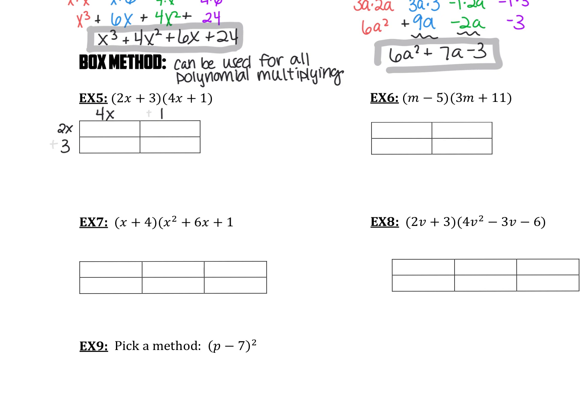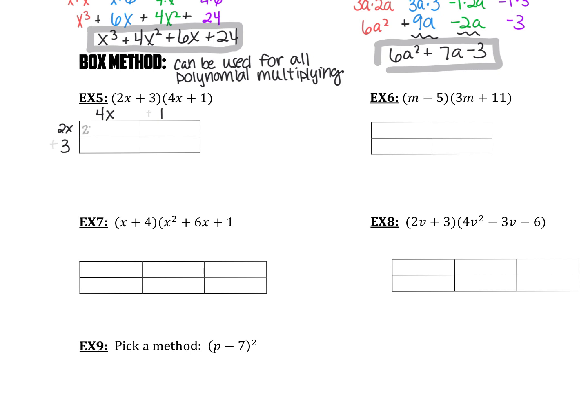What I'm going to do now is multiply so that the answer inside each box is the result of the multiplication of the two terms that intersect that box. So for example, on this one, I have a 2x and a 4x.